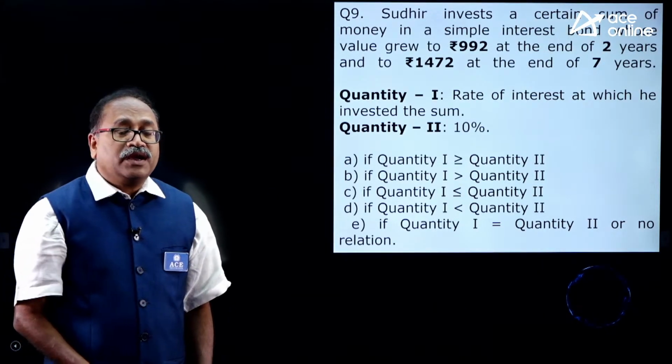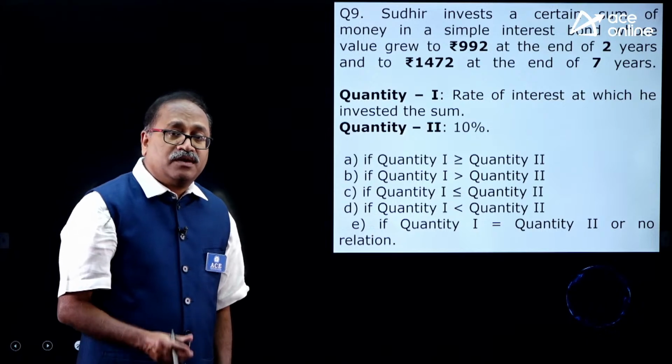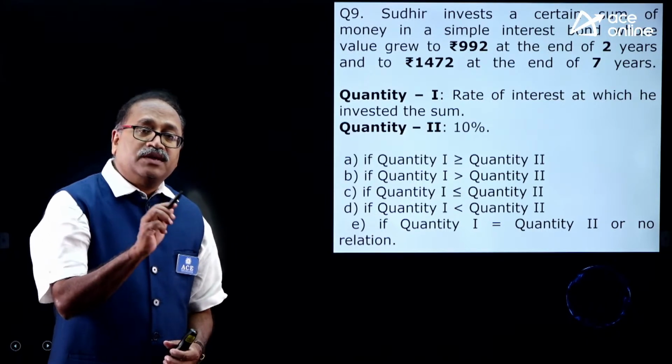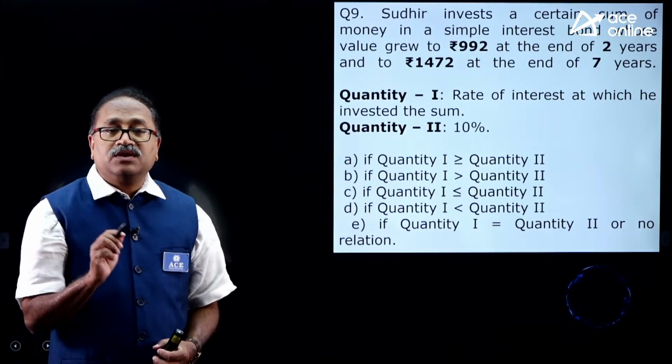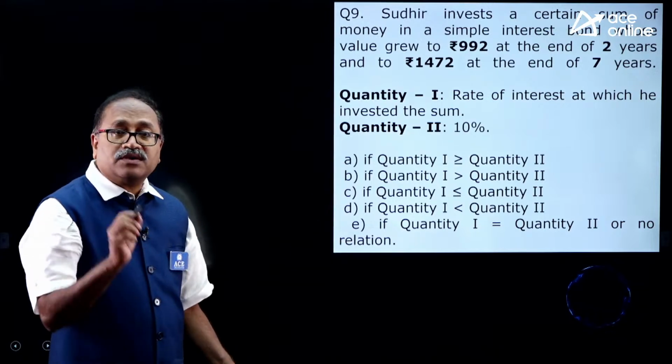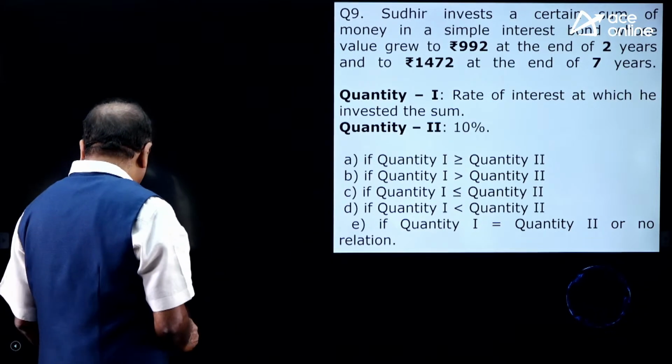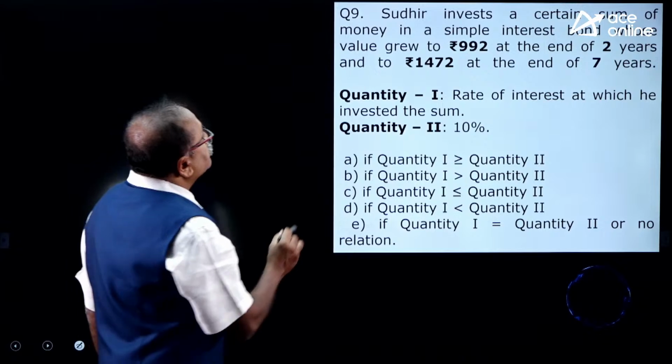Here you know that data comparison is one area where Q1 is greater than Q2, Q1 is equal to Q2. There are questions like this on simple and compound interest. So let's read the question first.